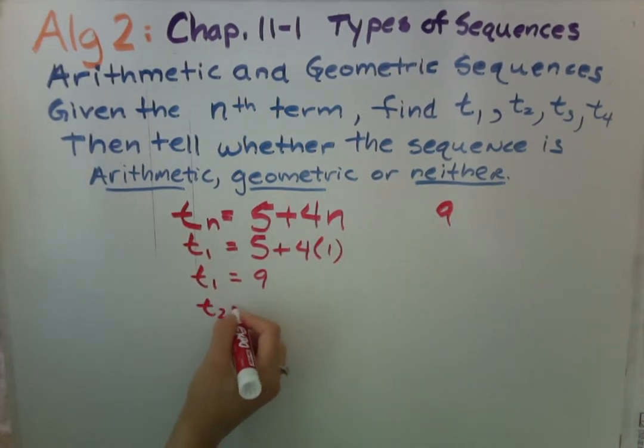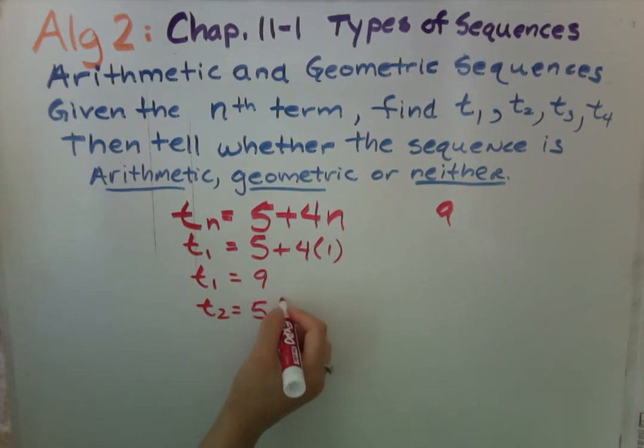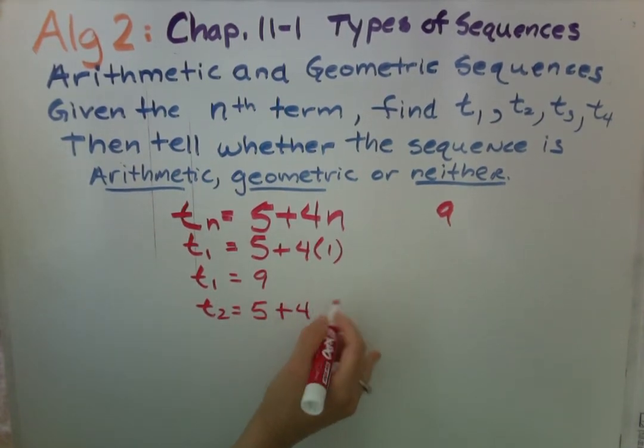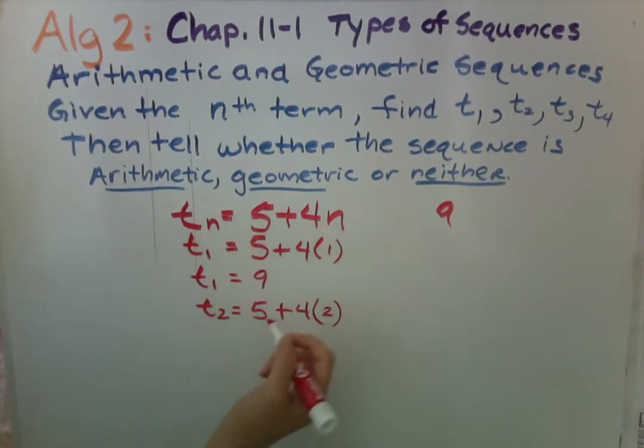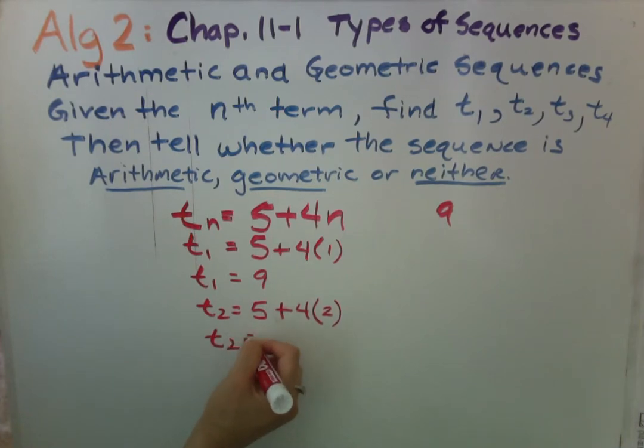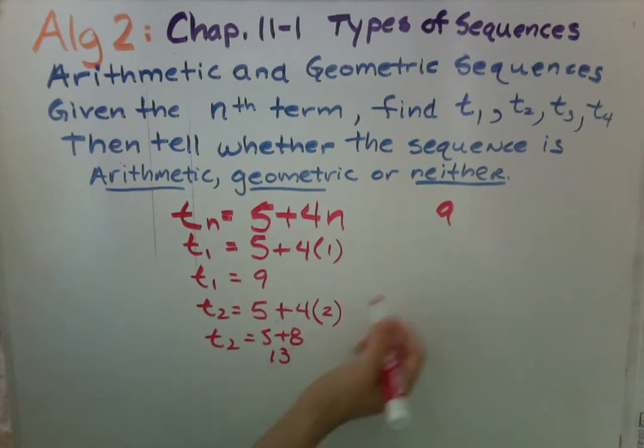Our second term, we're going to use the same equation. But now our n is 2 because we're looking for the second term and they tell us that n is 2. So our second term is 13.